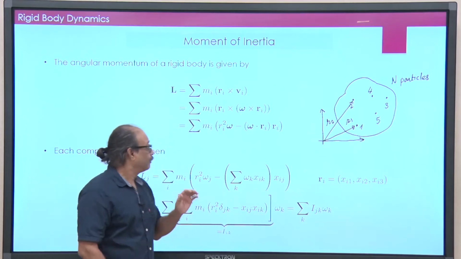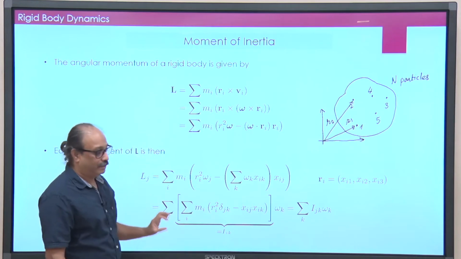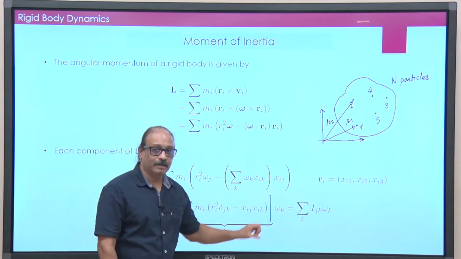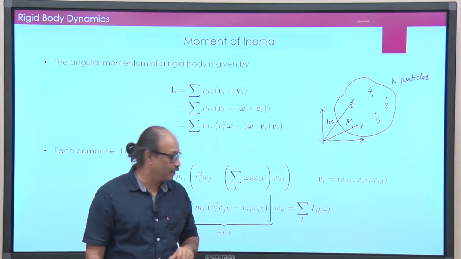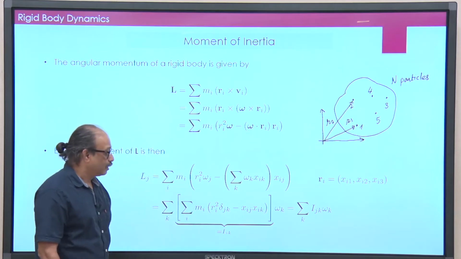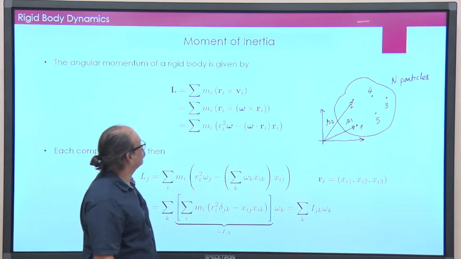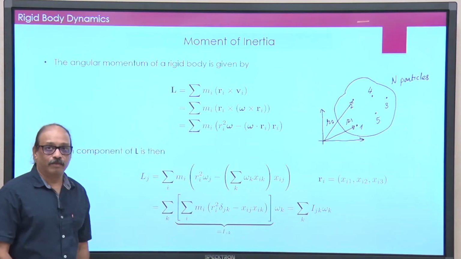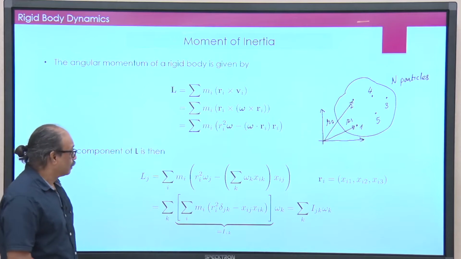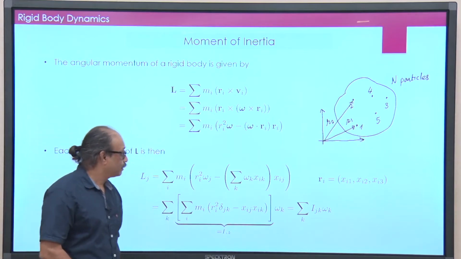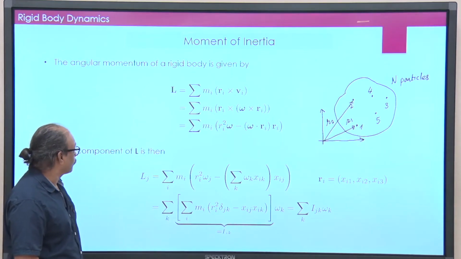So, that way we have been able to write L as some property of the rigid body multiplied by the angular speed. And this is typically denoted as I j k, and this is what we will call moment of inertia. So, the quantity in the bracket is called moment of inertia.